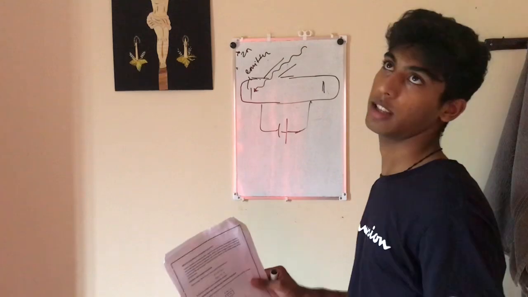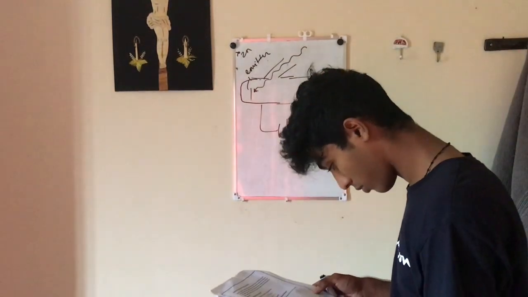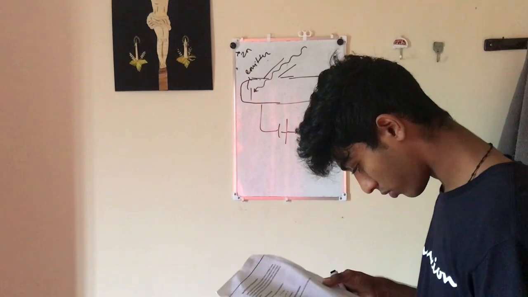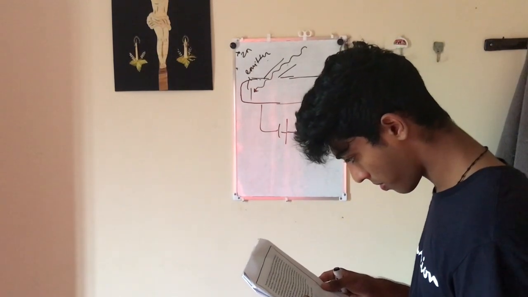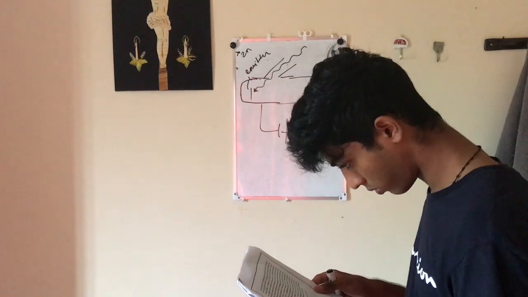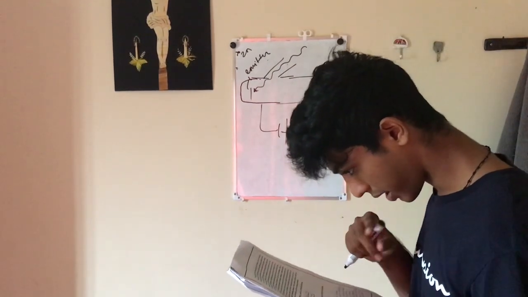So left oxidation anode negative. Anode is negative. So which is anode and which is cathode? I'm getting confused, guys. One second.